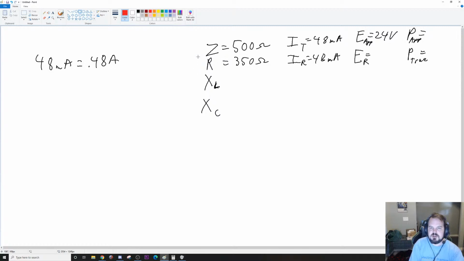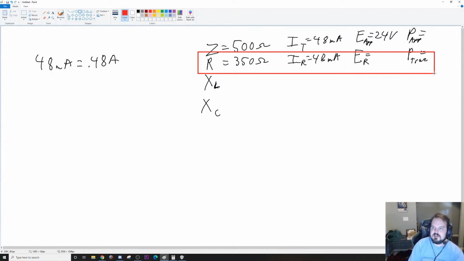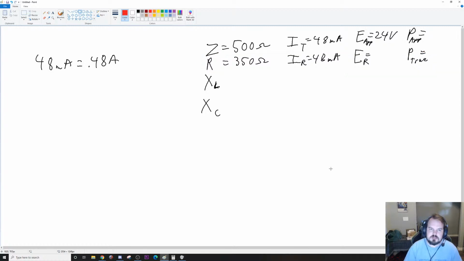We're only working with this row. Here, I'll just put the line underneath.